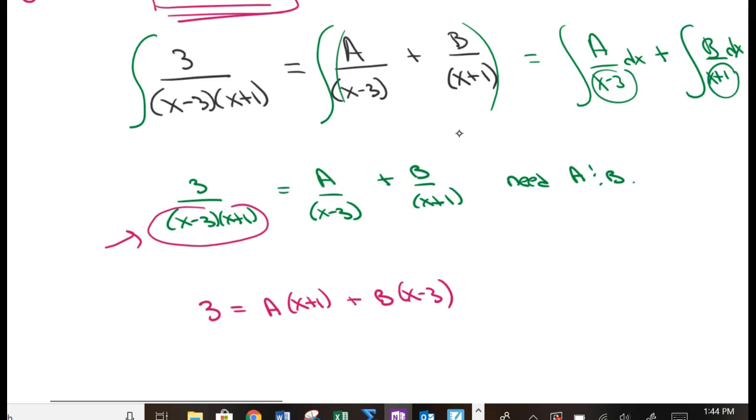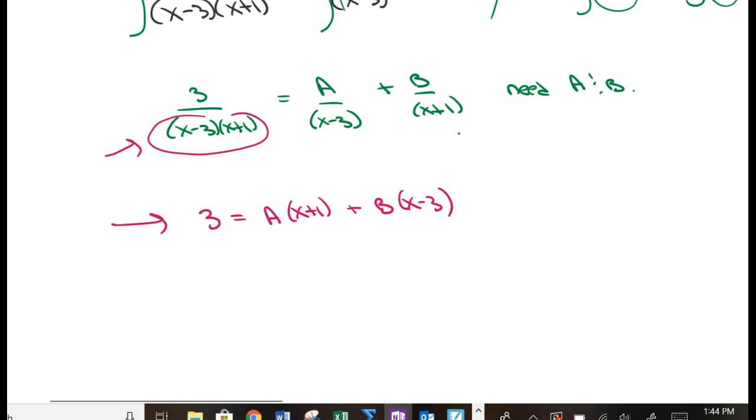Now what's really slick and tricky, kind of backhanded, is that if you look at this equation right here, there is no domain restriction on what x can be. And in fact, I'm solving for A and B. X can be anything. So what I'm going to do is let x equal values that are going to be very convenient for me.